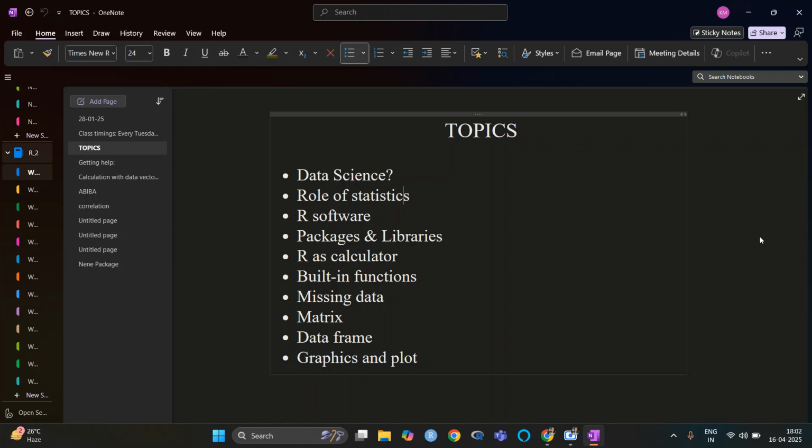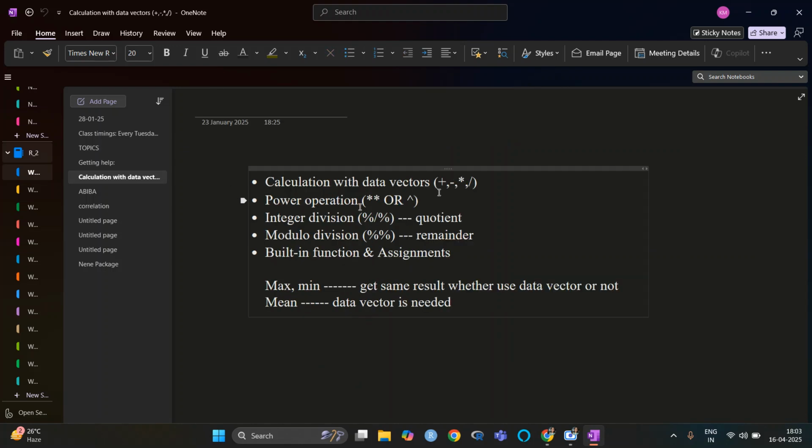It is not just for scalars, not just for one value. You can use R as a calculator for vectors also. So if you have an array or a vector, you can perform the calculation on it.